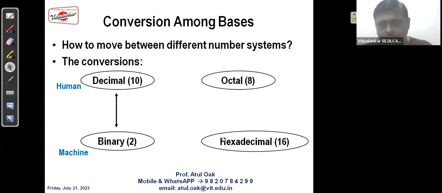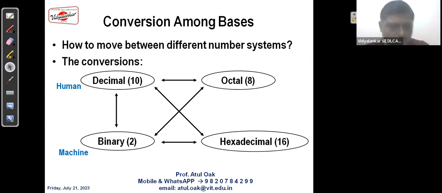So, second possibility, decimal to octal, octal to decimal, decimal to hexadecimal, hexadecimal to decimal, binary to octal, octal to binary, binary to hexadecimal, hexadecimal to binary, octal to hexadecimal, hexadecimal to octal. These are the conversions. Okay.